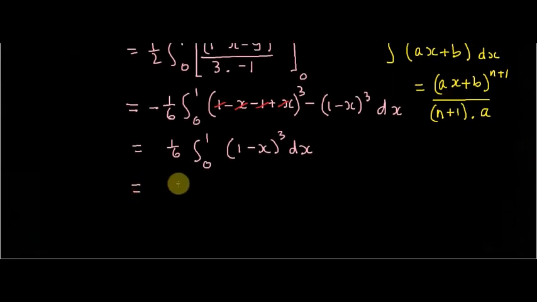Once again, finding the antiderivative using this rule, 1 - x being a linear function or expression. It's going to be (1 - x)^4 divided by 4 and also divided by the derivative of 1 - x.